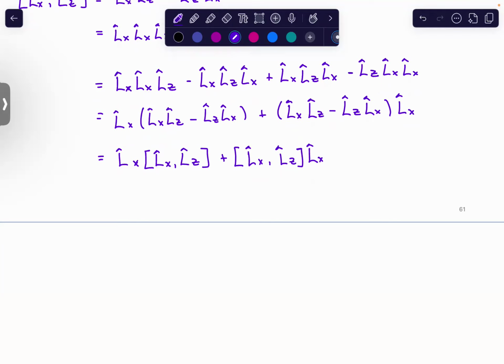What we derived was Lz Lx, not Lx Lz, which gives us i h bar Ly. What do you think Lx Lz becomes? Is it just negative? Yep.